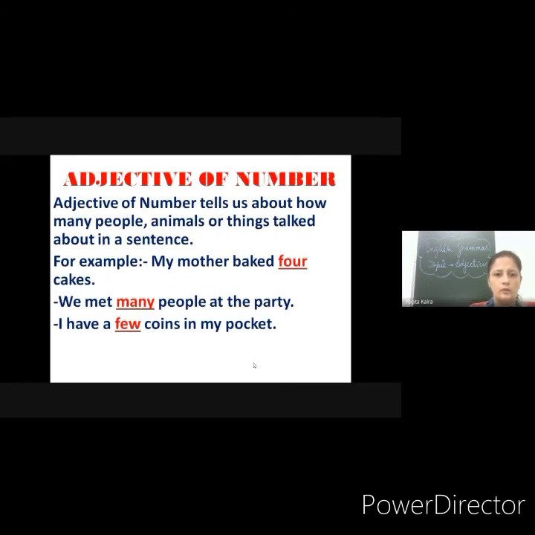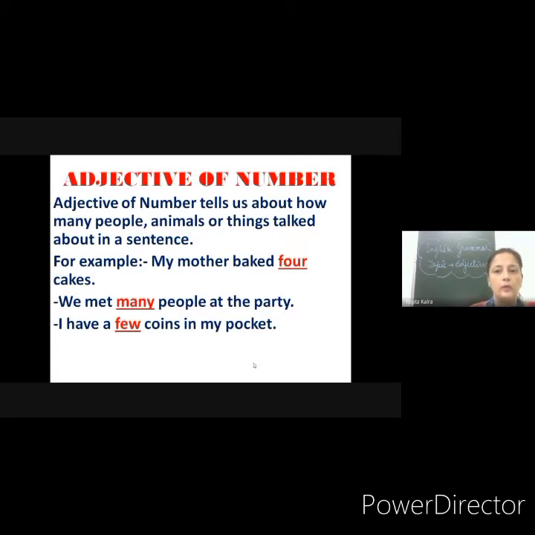Next, we move on to the adjective of number. Adjectives of number tell us how many people, animals or things are talked about in a sentence. For example, my mother baked 4 cakes. Now, as I told you earlier, the adjective of quantity is used with uncountable nouns, but here the adjective of number is used with countable nouns.